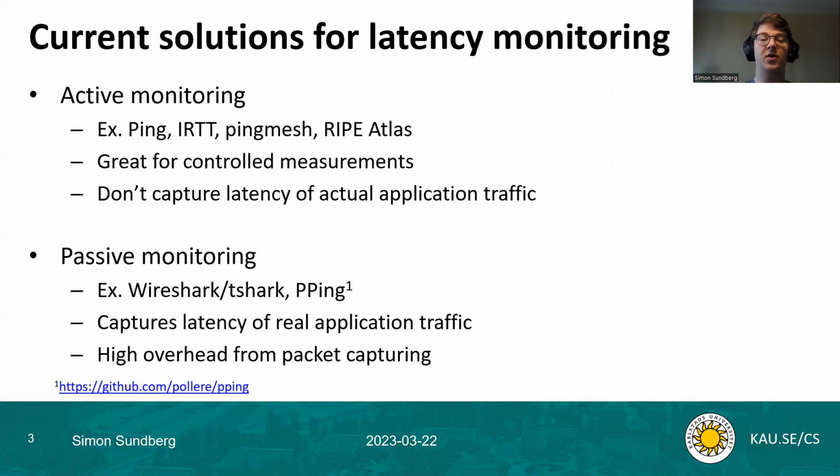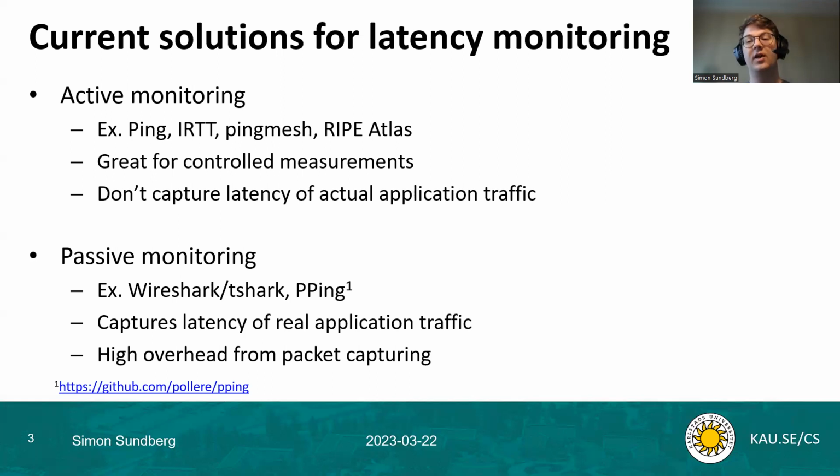Now, these tools are great for measuring the base latency of the network in a controlled manner. However, the problem is that they don't really capture the application-perceived network latency. They just tell you the network latency that these probes experience.